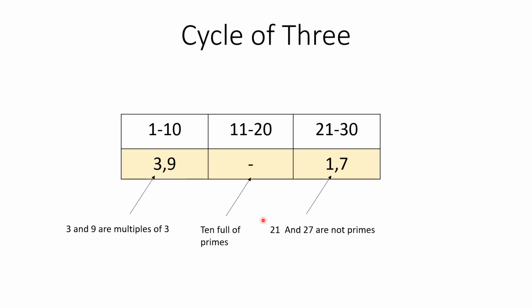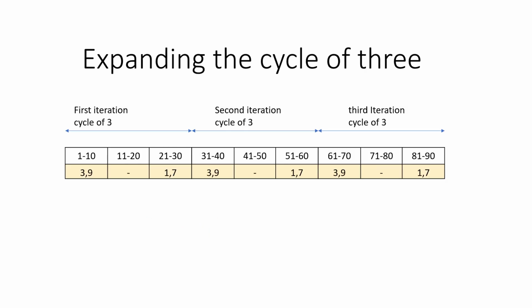If we repeat the cycle several times, the same sequence is going to be repeated. I'll show you. Here you have the cycle of 3 with 3 iterations. It is repeated 3 times. In this one it will be 1, 2, and 3. You can see that they have the same arrangement of numbers and of tens.